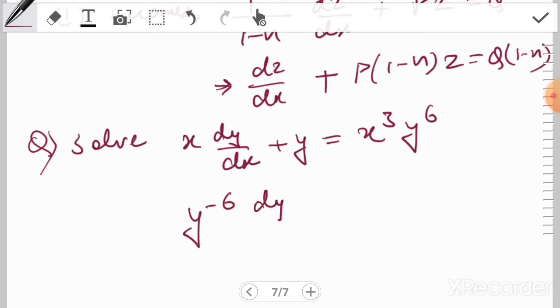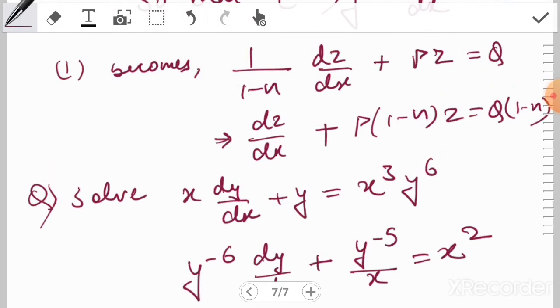We will get y raised to the power minus 6 dy by dx plus y raised to the power minus 5 by x equals x square. Why did we choose to divide by x y raised to the power 6?